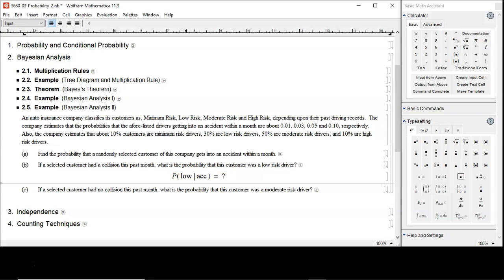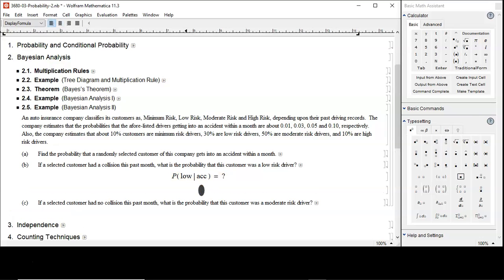That's a problem here. By the way, the probability of accident took place given it's a low-risk driver is given as 0.01. You see? No, low risk is 0.03, excuse me. 0.01 was minimum risk. You see, this one over here is actually this probability down here. Not this one. Basically, we are switching the conditions.